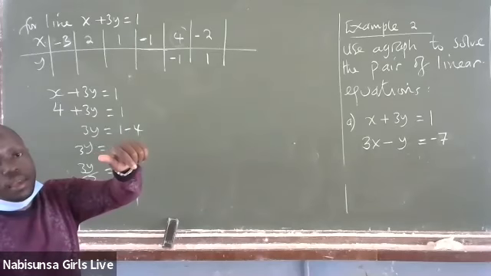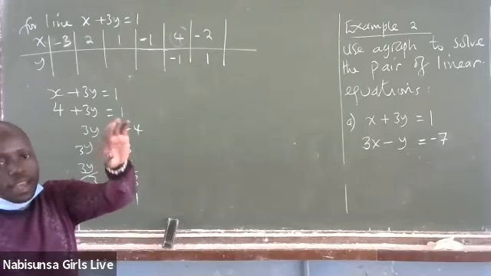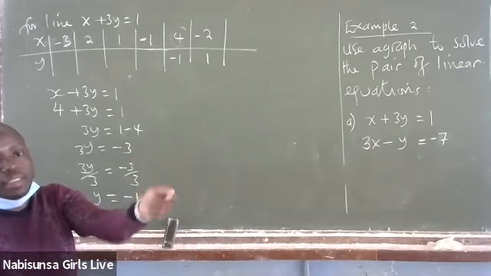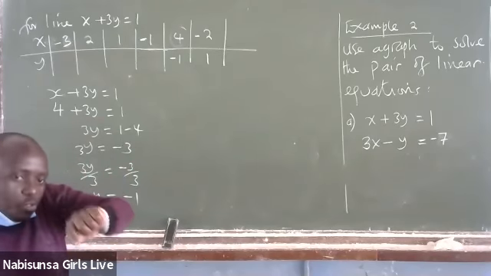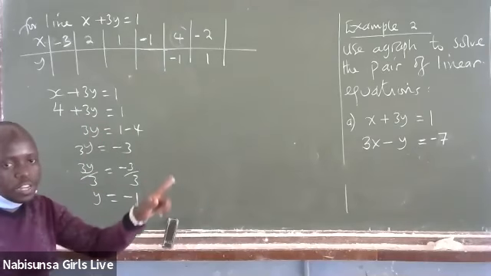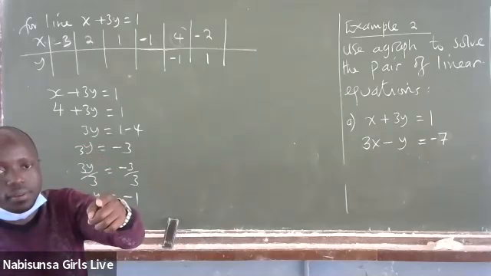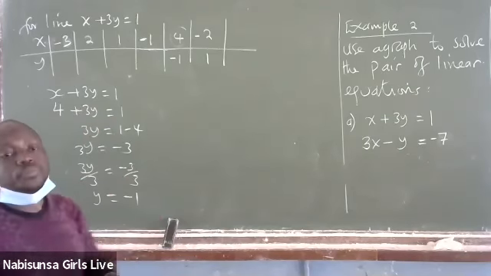If in the unknowns x and y, there is one that has a coefficient that is 1, and another one that has a coefficient that is not 1, then you pick values of the variable whose coefficient is not 1. There you are most likely not to get fractions.